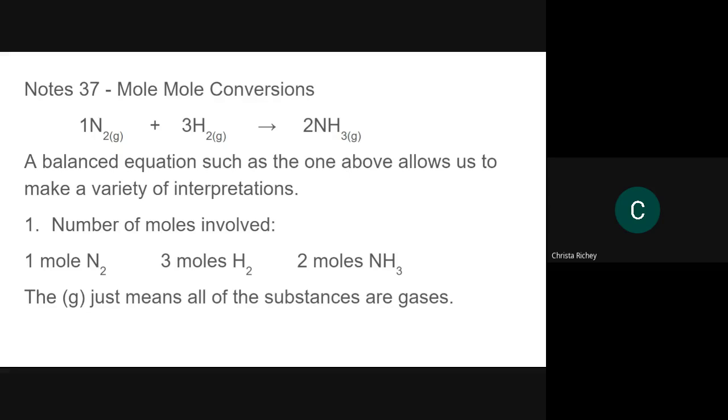We can see individual atoms with electron telescopes, but in general, we can't see individual atoms of elements, but we can see moles worth.